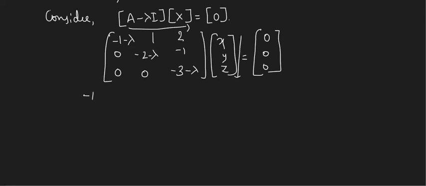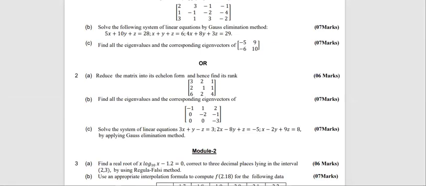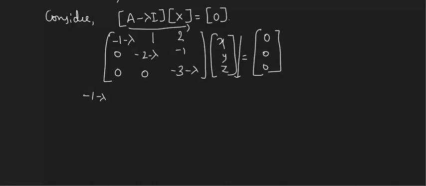(-1 - λ) into x, plus 1 into y, plus 2 into z. This is my first row with the first column, and its value is 0.